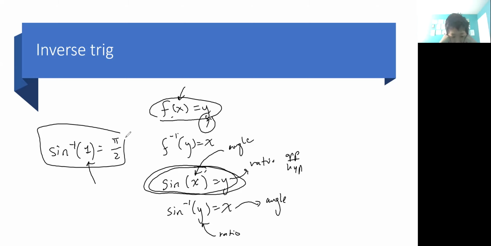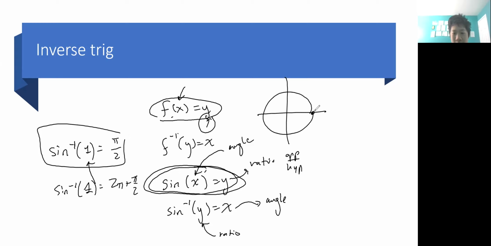But if we notice here, there are multiple answers. Technically, 2 pi plus pi over 2 also works. If we have 2 pi plus pi over 2, we go around the circle, back where we started, and then we just add another pi over 2, and the sine is still 1.